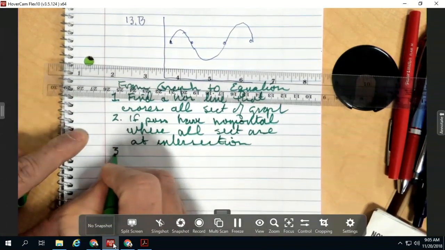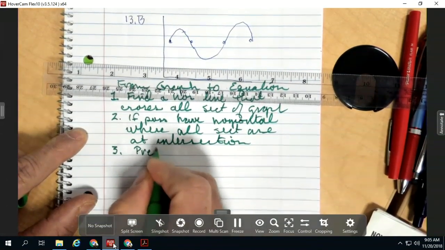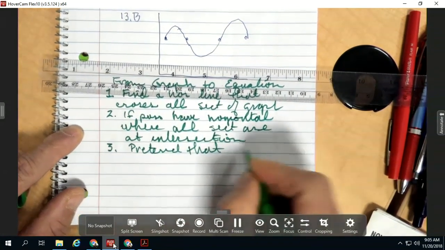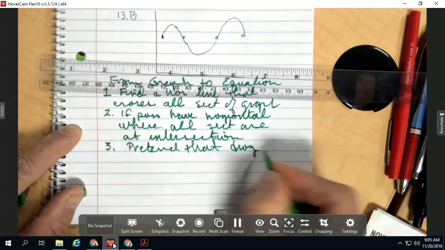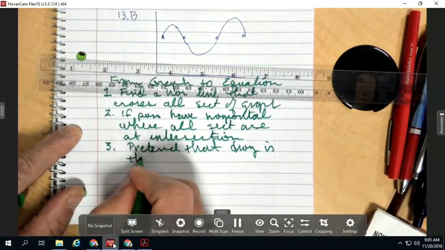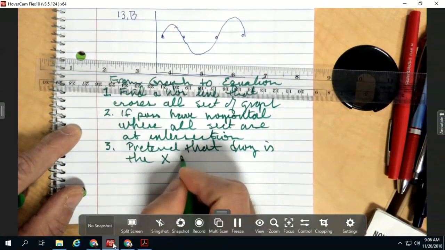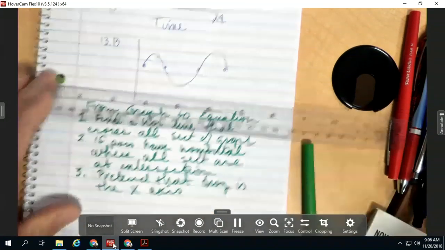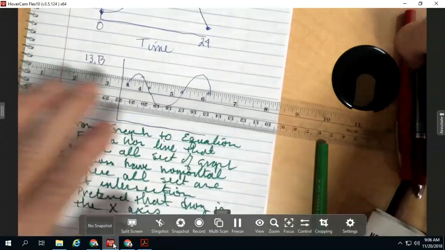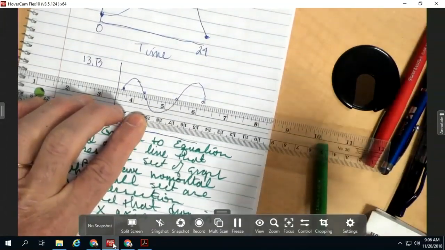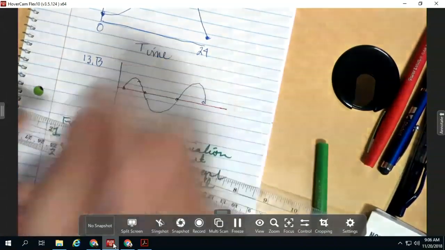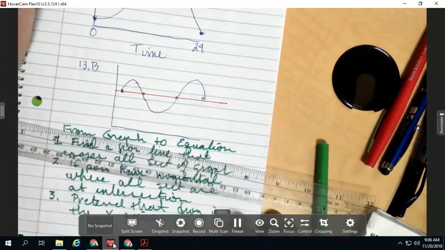Okay, step 3. Pretend that horizontal is the x-axis. Okay, so if this line here is the x-axis, what are the addresses of those 4 points?